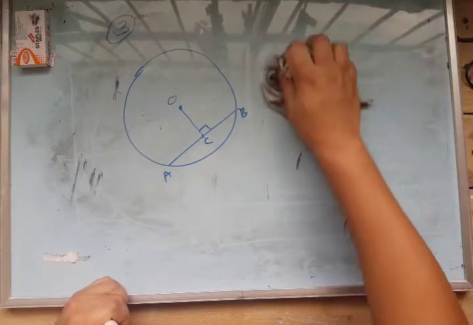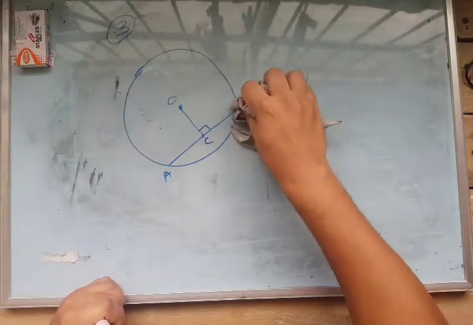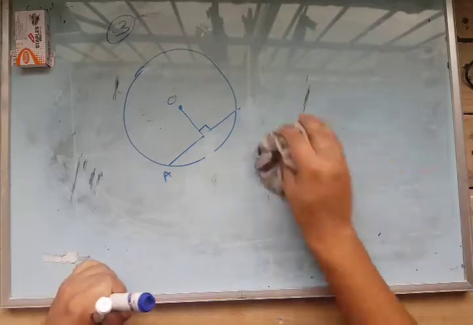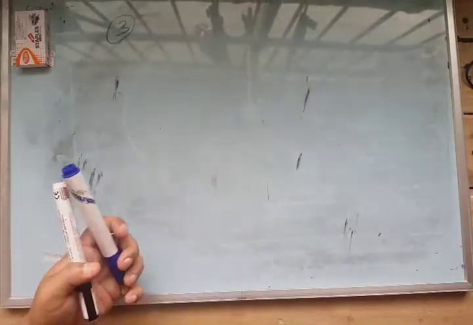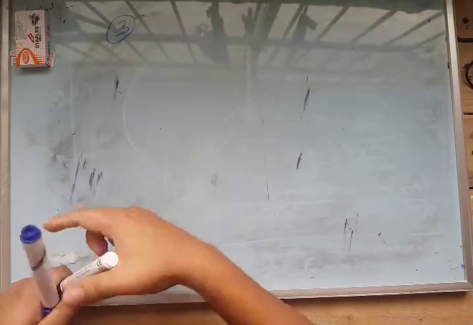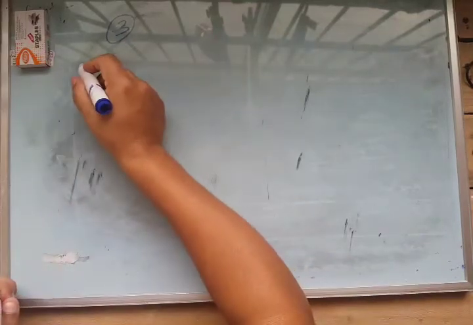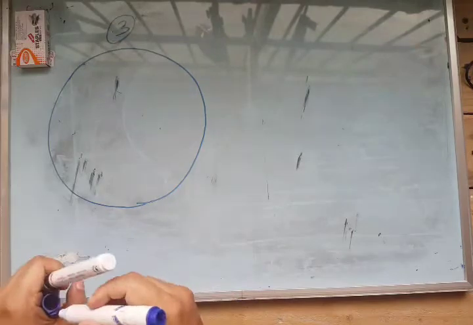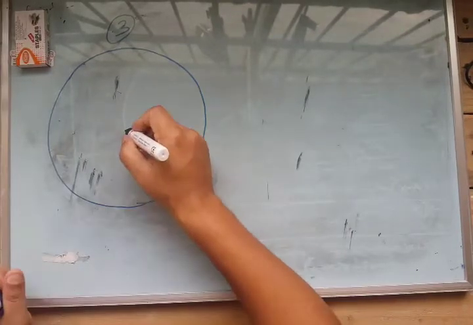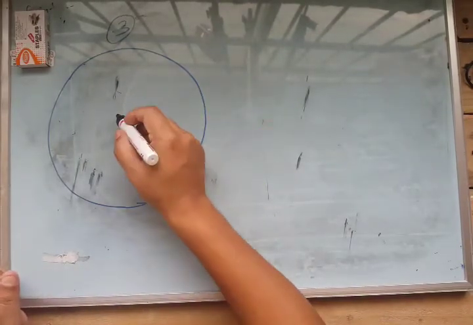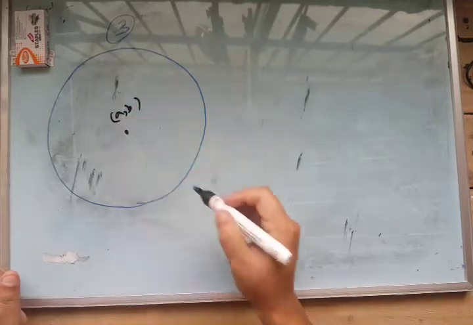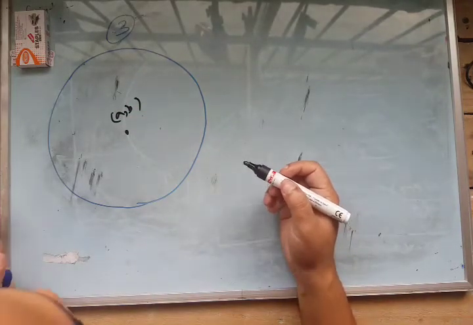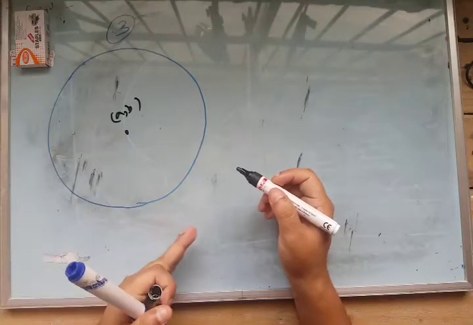So in this case, let me draw this bigger. Right. So now we say the center is given to you, a comma b, and instead of a radius, so in the first case you are given the center and the radius of a circle.